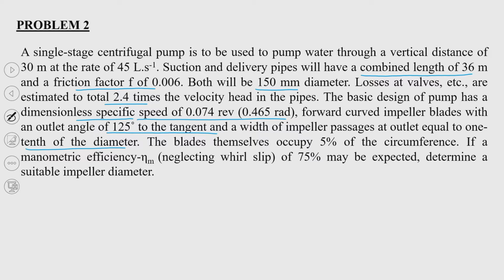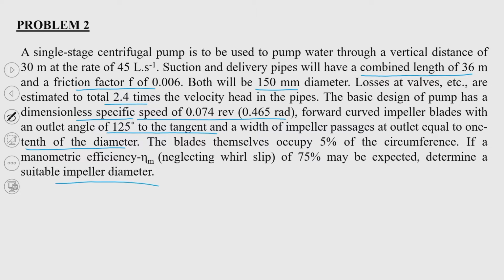Neglecting wall strip, a manometric efficiency of 75% may be expected. Determine the suitable impeller diameter.